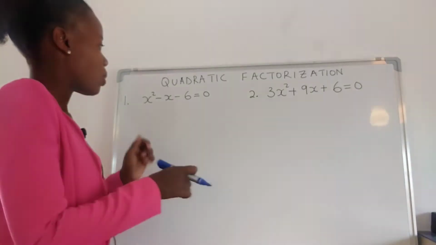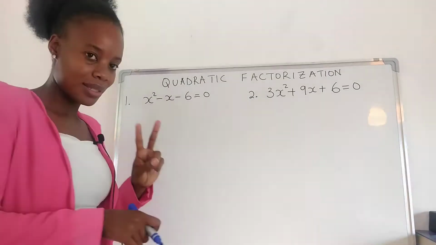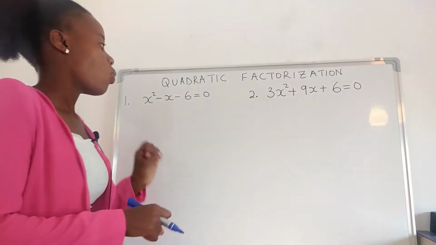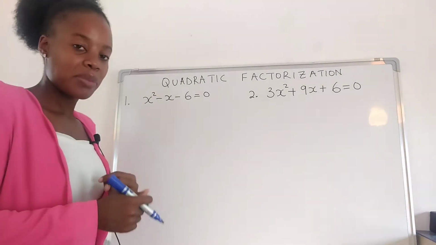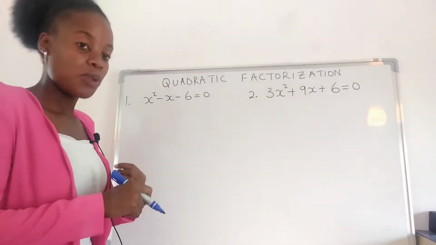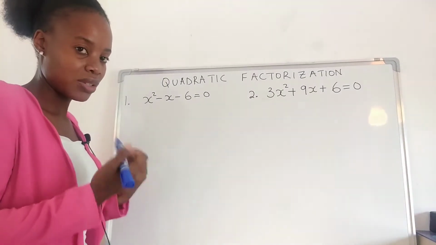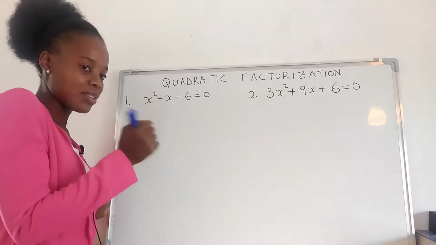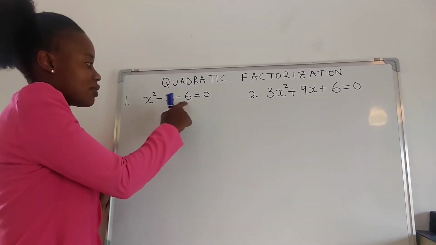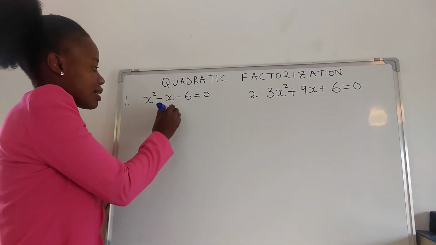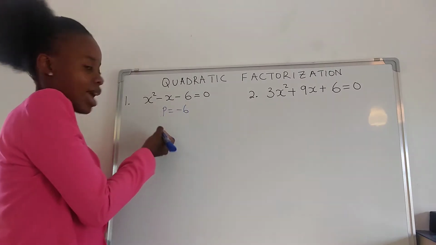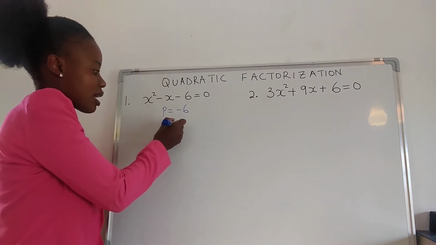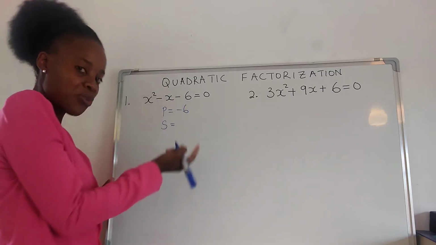So we are supposed to find two numbers. When we multiply them, they're supposed to give us negative 6, and when we add them, they're supposed to give us negative 1, right? The product is negative 6, and for the sum we take the coefficient of x.